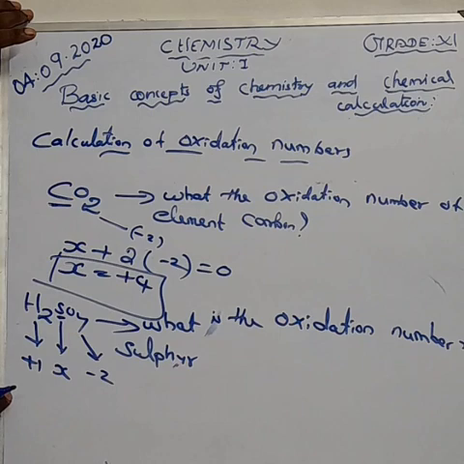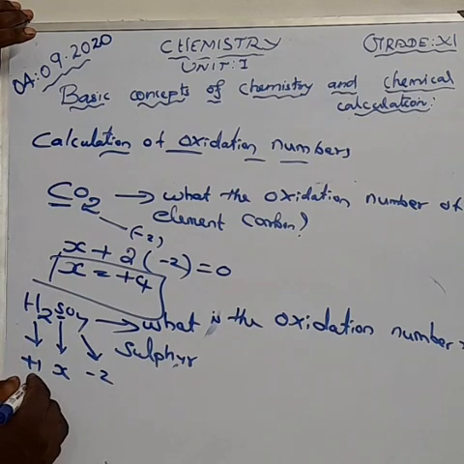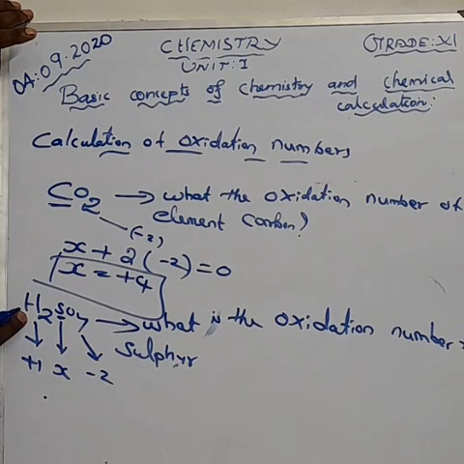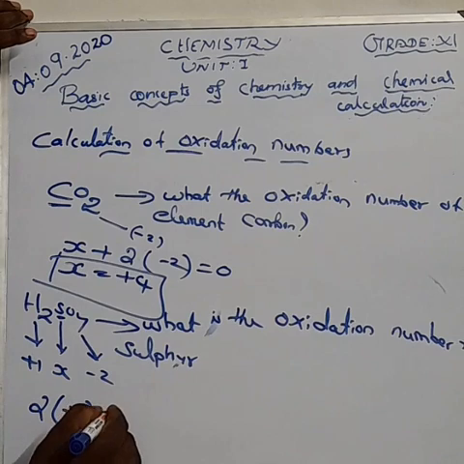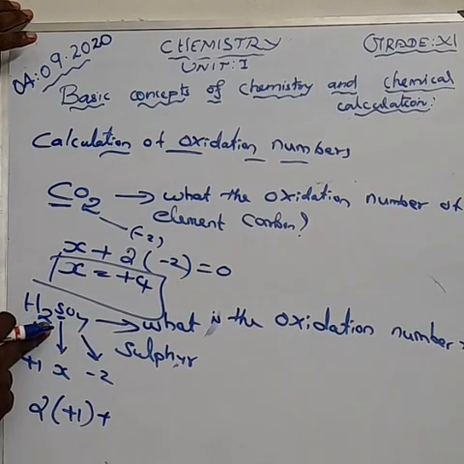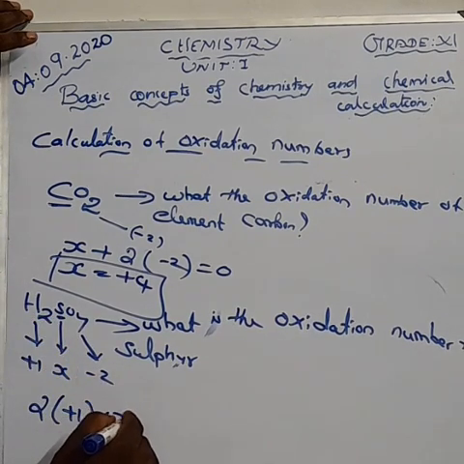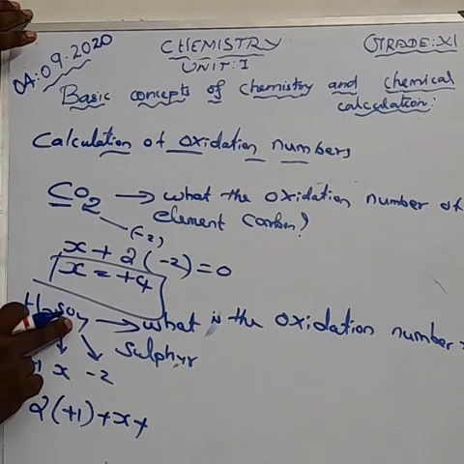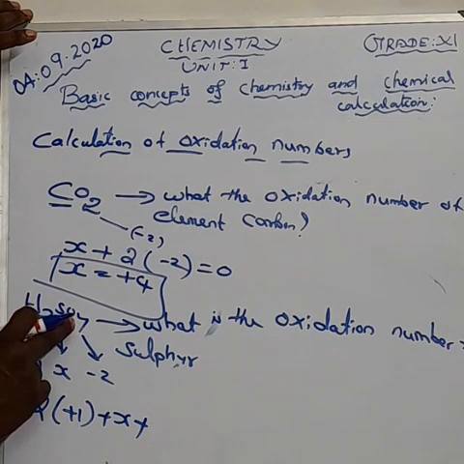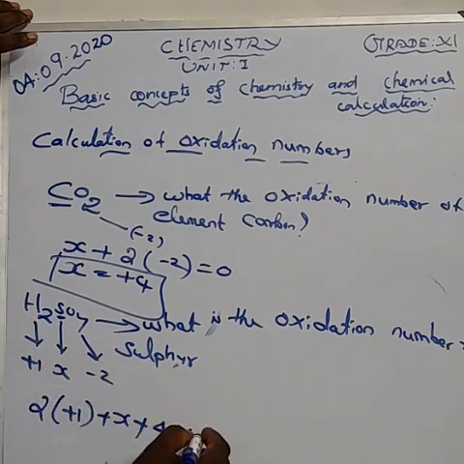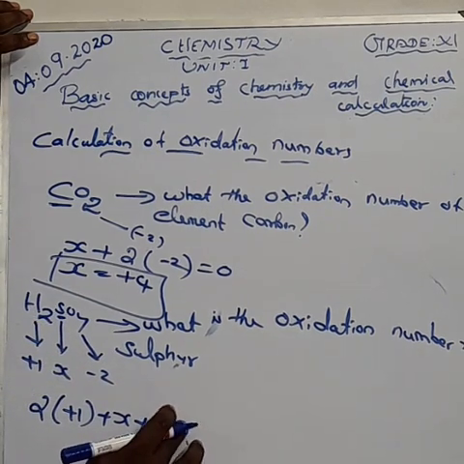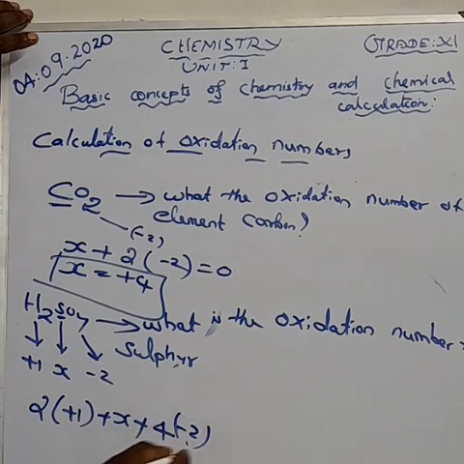How much hydrogen is there? 2 hydrogen, so 2 into +1, plus sulfur taken as X, plus 4 oxygen, so 4 into -2.